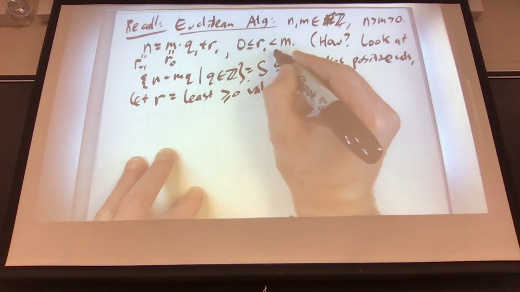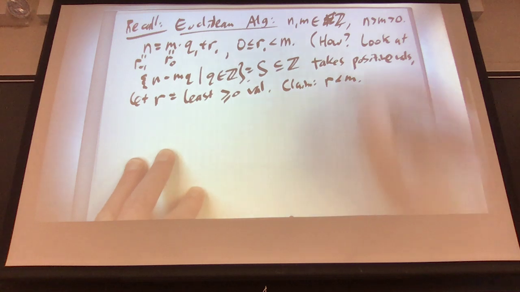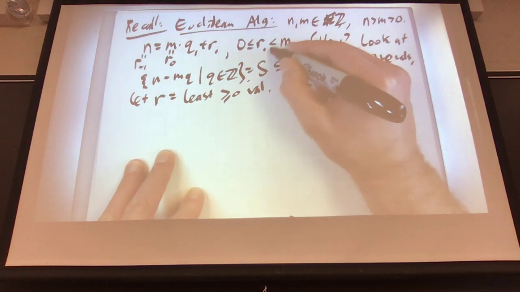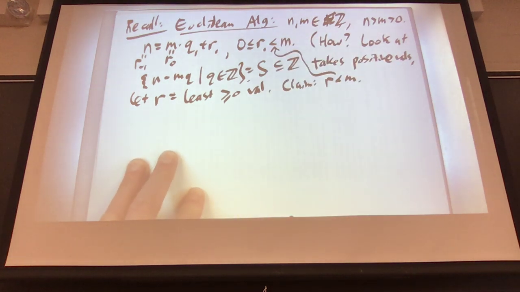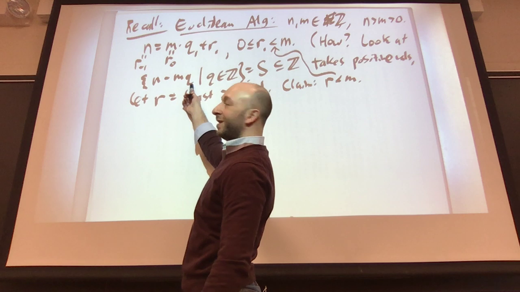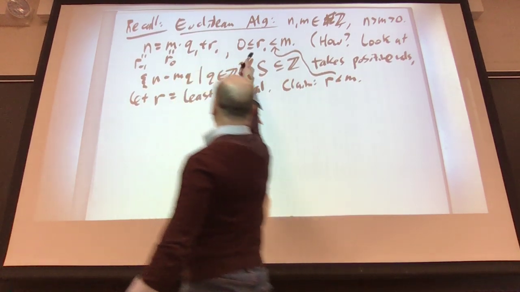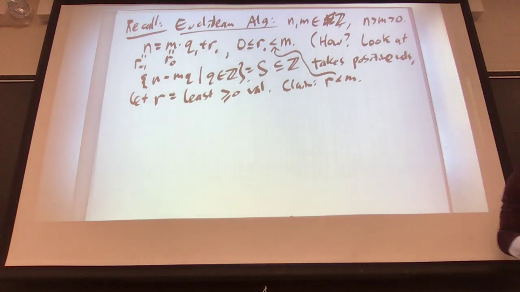That's this part of the inequality. That's the only thing that we need. Because if r is an element here, then it's of the form n minus mq for some q, and it's non-negative, so we have our expression, except we want to make sure that it's strictly less than m.